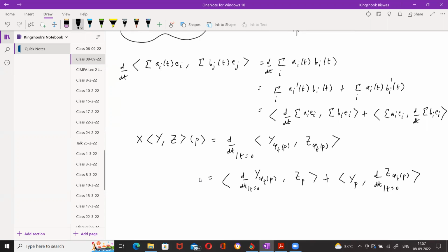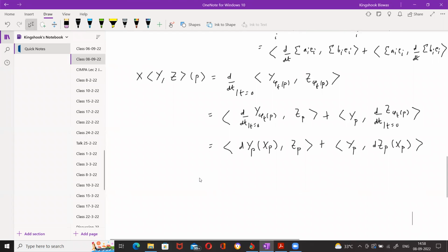And so this becomes the inner product of dy at p applied to the vector x at p, because I'm differentiating y along a curve which is tangent to x at p. And the second term becomes the inner product of y at p with dz at p of x at p. Is this okay?